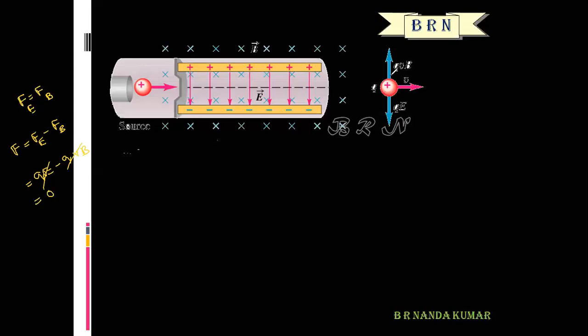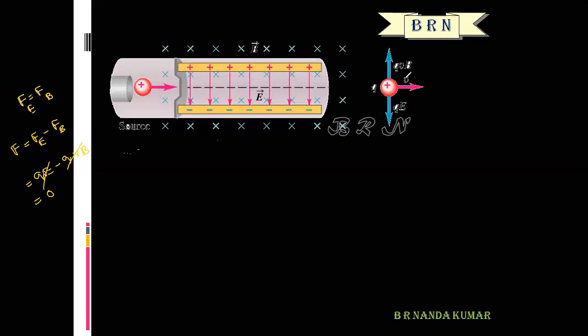Here QVB is the force acting on the charged particle due to the magnetic field, which acts vertically upwards. The force due to the electric field acts vertically downwards.